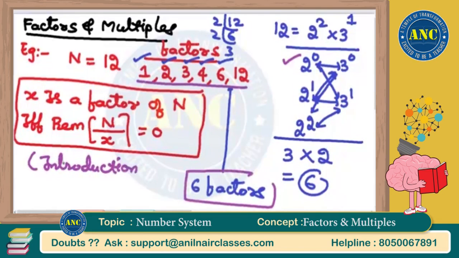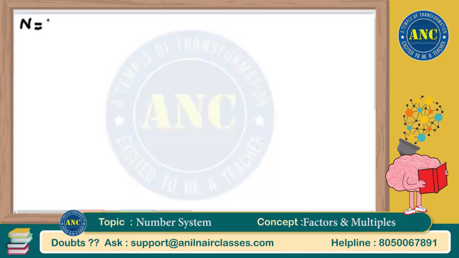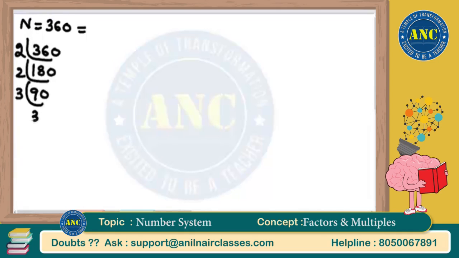Introduction. Suppose I take n equivalent to 360. If I write 360 as a product of prime factors: 2 180s are 360, 2 90s are 180, 3 30s are 90, 3 10s are 30, 2 5s are 10.